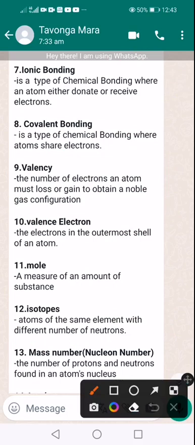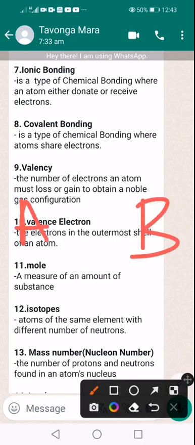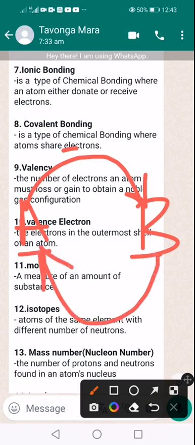When atoms share electrons, for example, if we have atom A and atom B like this, if atom A donates one electron, let me say 1 electron like this, minus. If atom A donates 1 electron to atom B, it means atom B must also donate 1 electron to atom A. Why? Because covalent is when atoms share electrons, right?